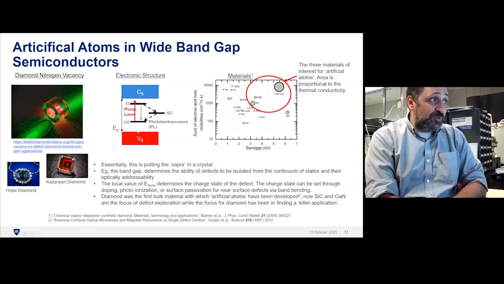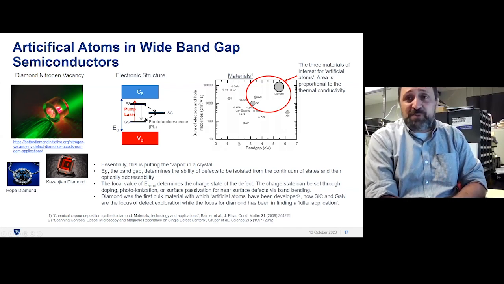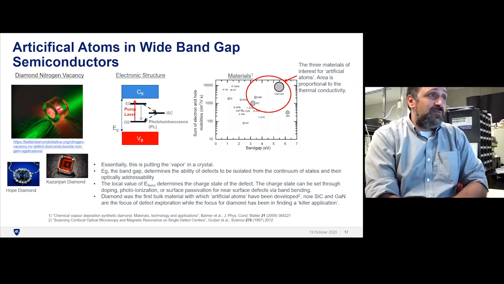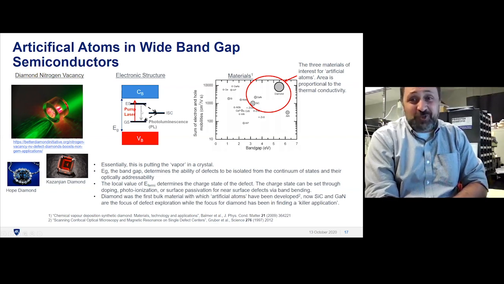If that gap is really large, like more than a couple of electron volts, the material is transparent to visible light. It's clear. You put defects in it, then you get these states that can be optically excited and fluoresce. So here we're pumping it. I know this is red, this should be green, and this should be red.